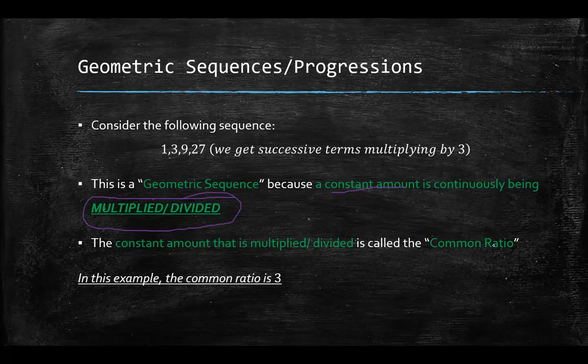Before, for my AP, the constant amount that was being added or subtracted is called the common difference. But for my GP, the constant amount that's being multiplied or divided is called the common ratio. For this example, since we are multiplying continuously by 3, 3 is called my common ratio. Do you understand that? Yes, Miss.